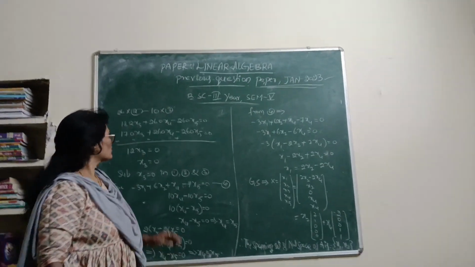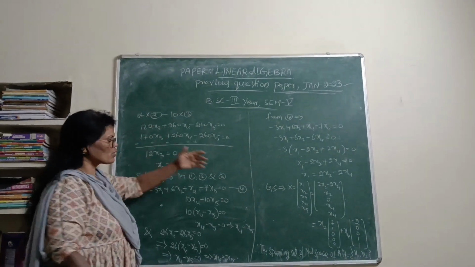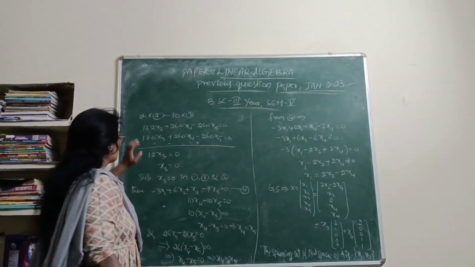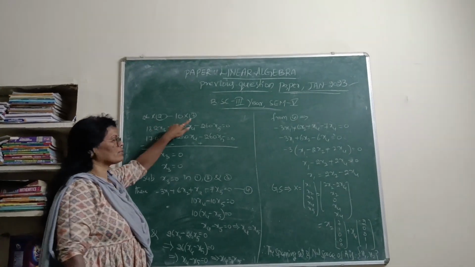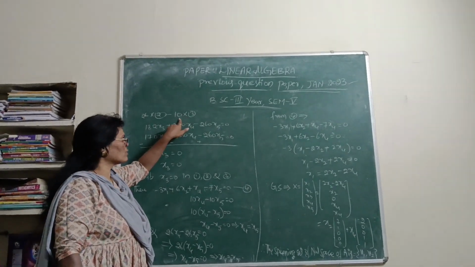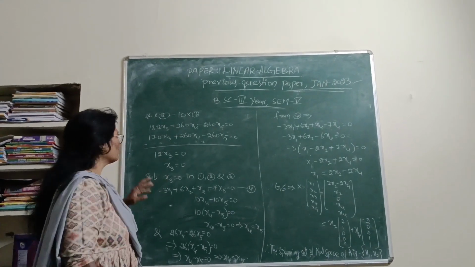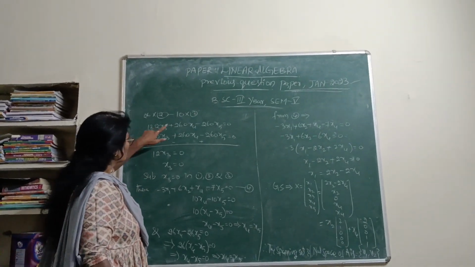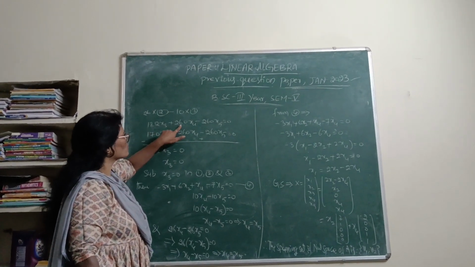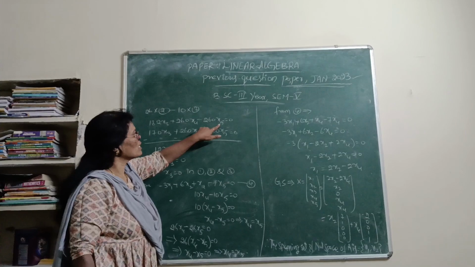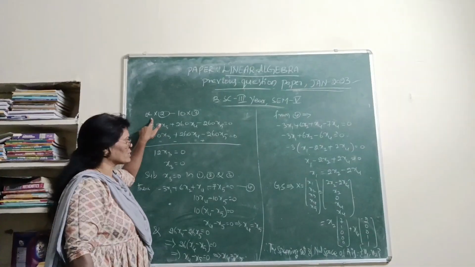It's a continuation. We are solving equations 1, 2 and 3 right now. The second equation I am multiplying with 26 and the third equation with 10, and we'll subtract these two equations. The second equation becomes 182x3 plus 260x4 minus 260x5 equal to 0 after multiplying with 26.